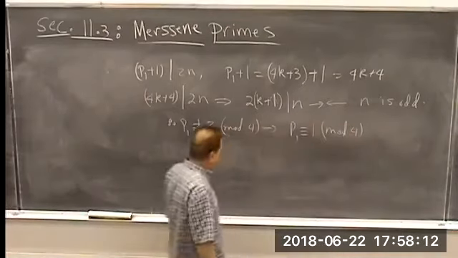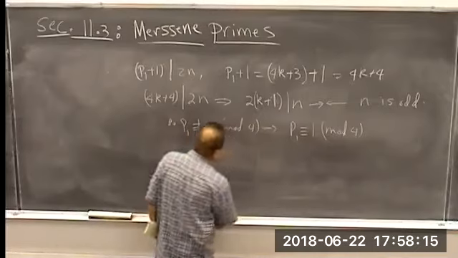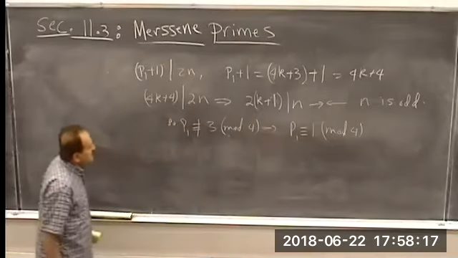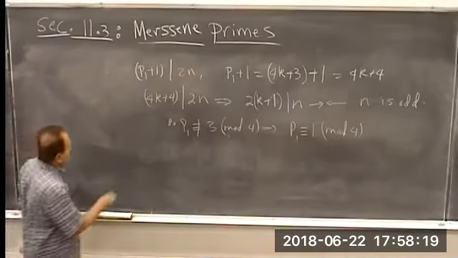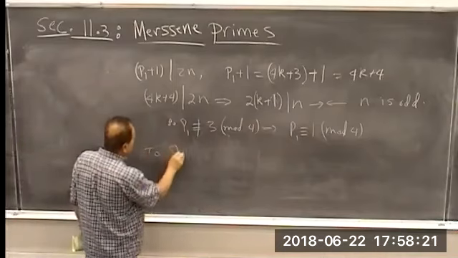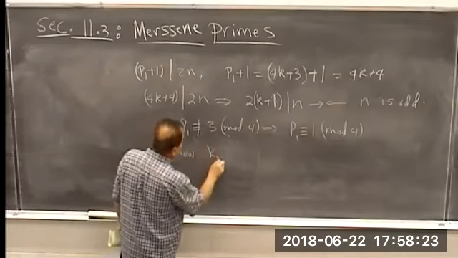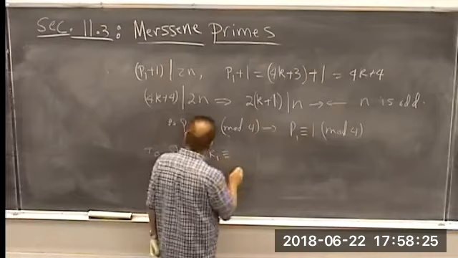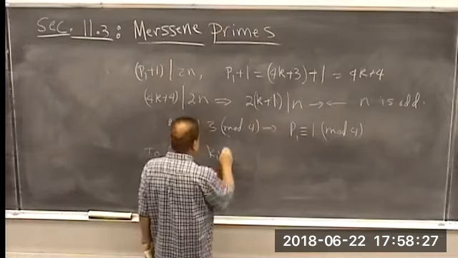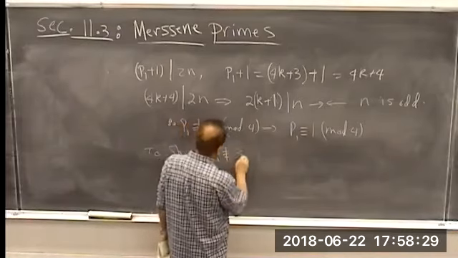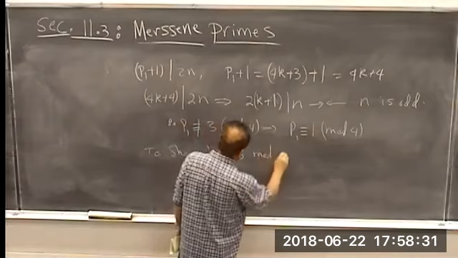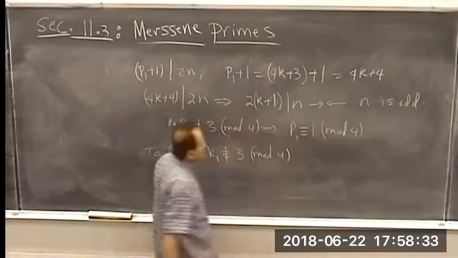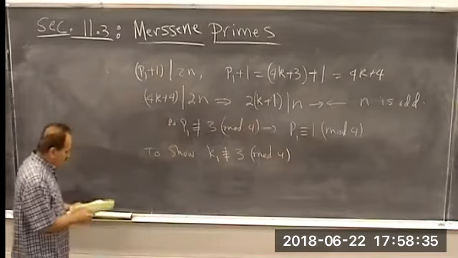Now the second case is to show that K1 is not congruent to 3 mod 4. In other words, this would lead to a contradiction.